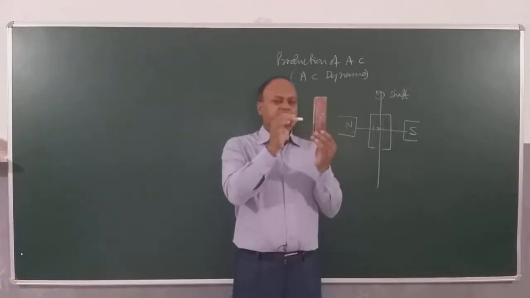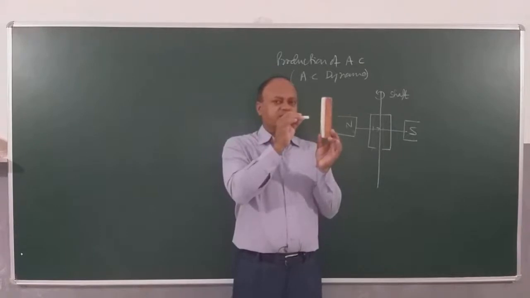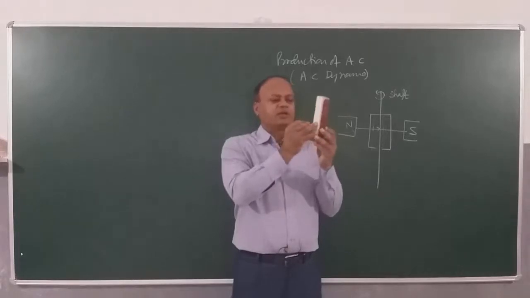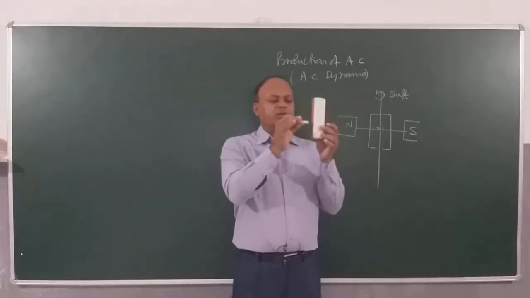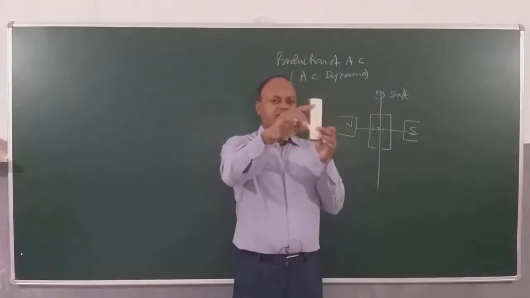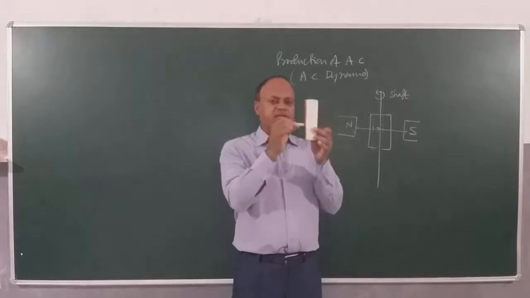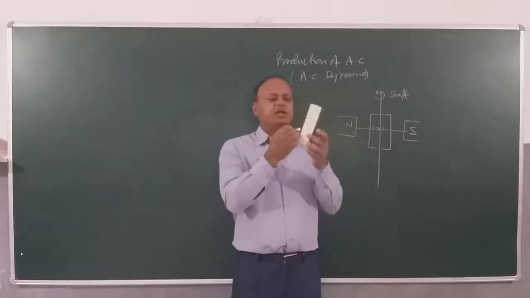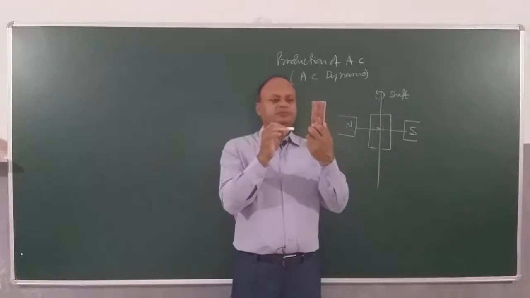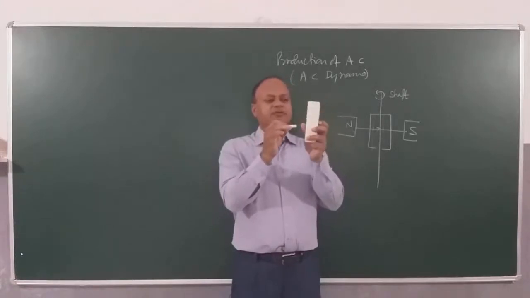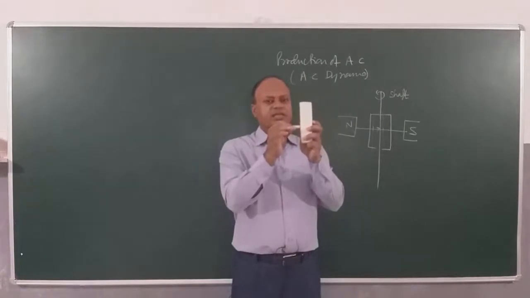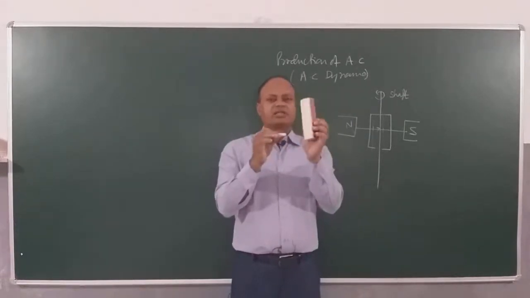Here theta was 90. When it comes like this, theta becomes how much? 0. Flux becomes what? Maximum. And then if I rotate a little bit more by another 90 degrees, you can see again the angle becomes 90 degrees. This is the area vector and this is the field. So theta becomes 90 degrees. As I started rotating from here and completed 180 degrees, you can see the flux of the coil is constantly changing.